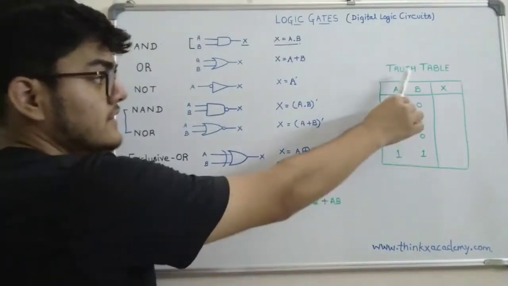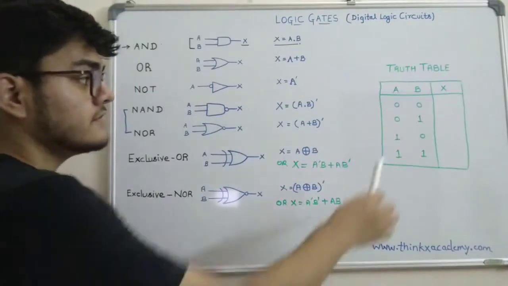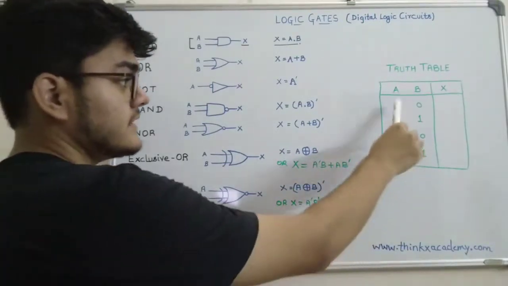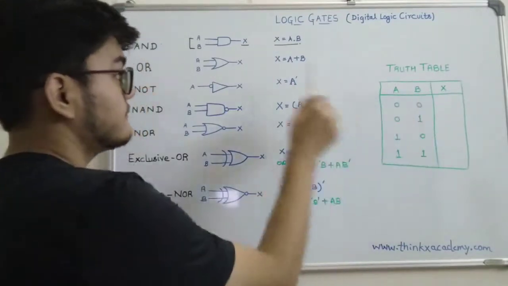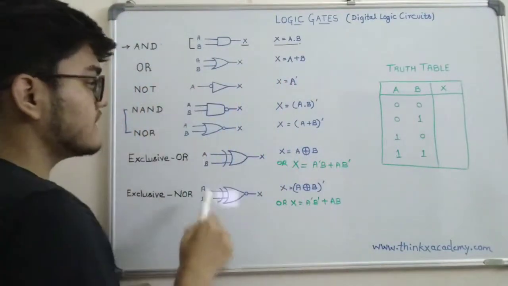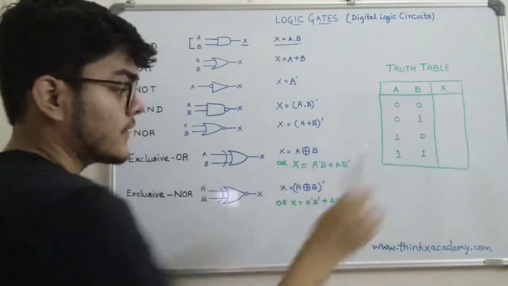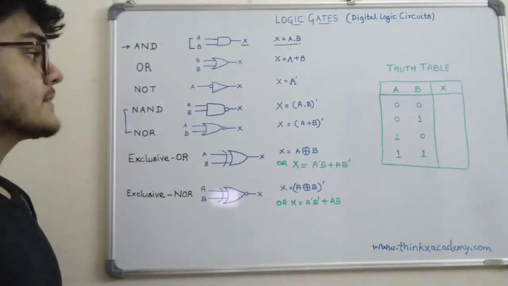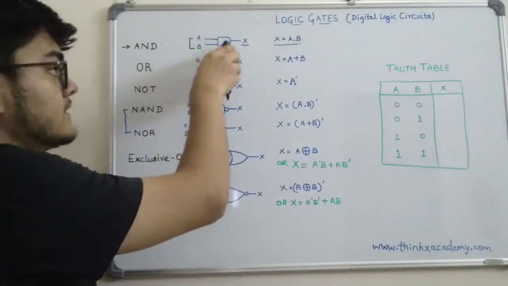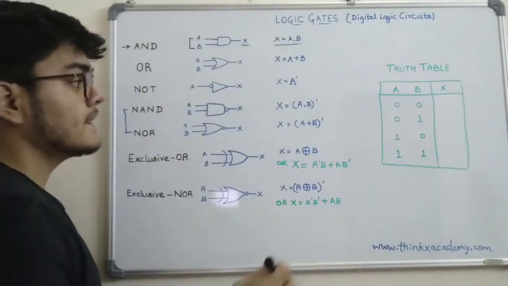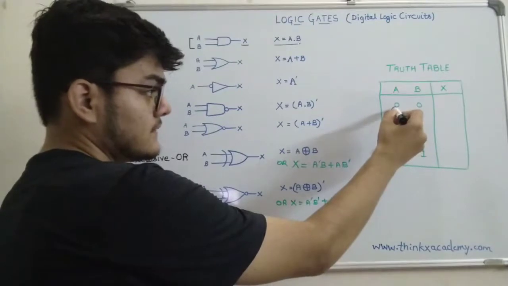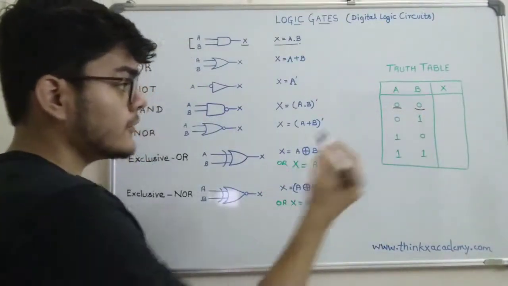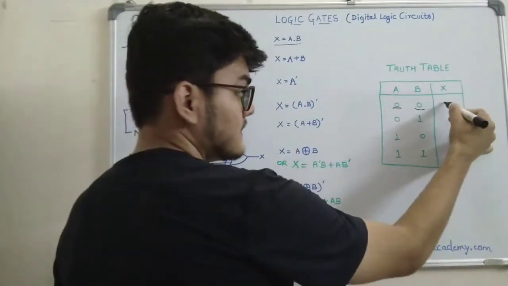We are going to make use of a truth table, and we will write some sample inputs and see what their outputs will be when passed through these logic gates. Let's study the first one, which is the AND gate. If input A is 0 and B is also 0, then the output will also be 0.